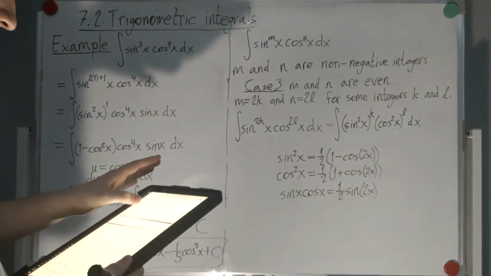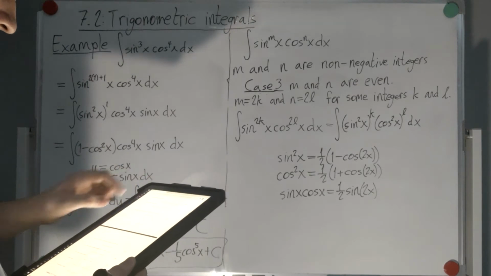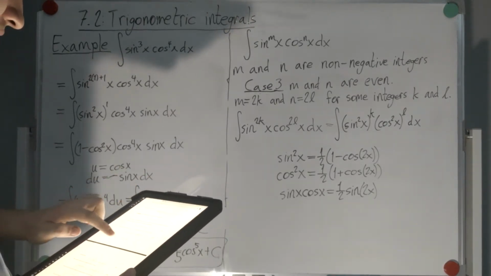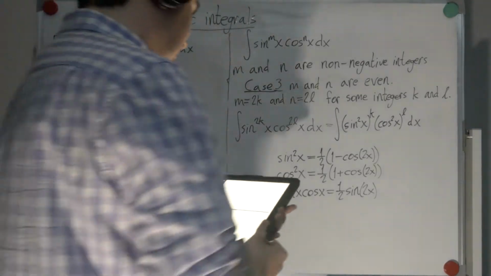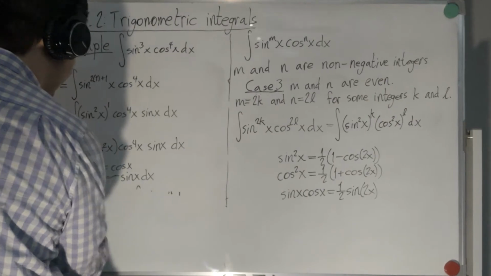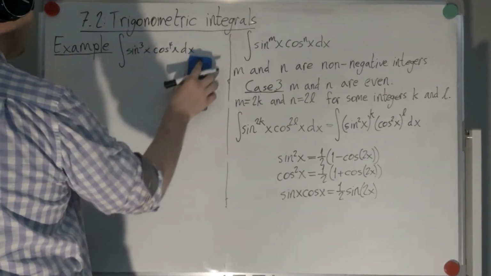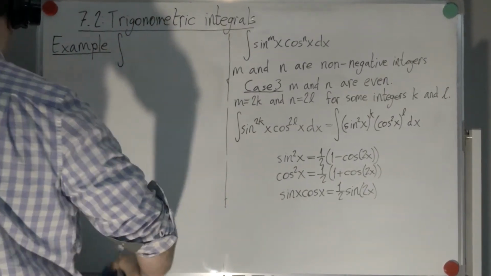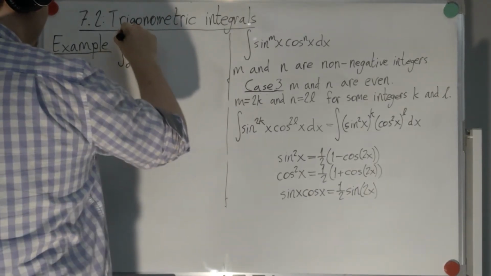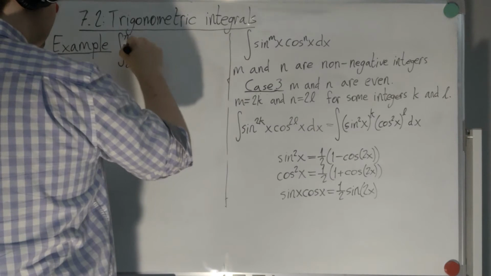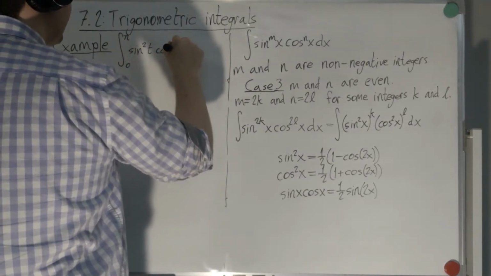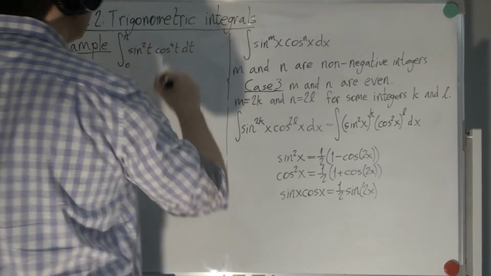So, of course, this definitely demands that we do some examples. Right, so how about this one? The integral from 0 to pi of sine squared t cosine to the 4th t dt.